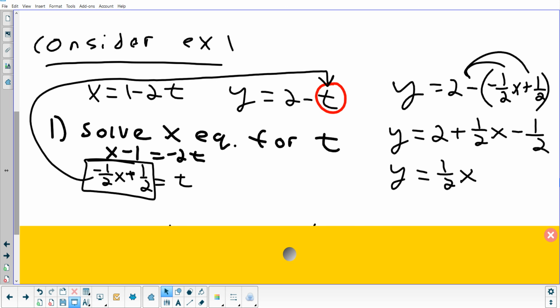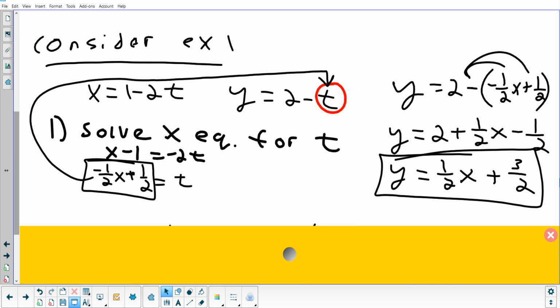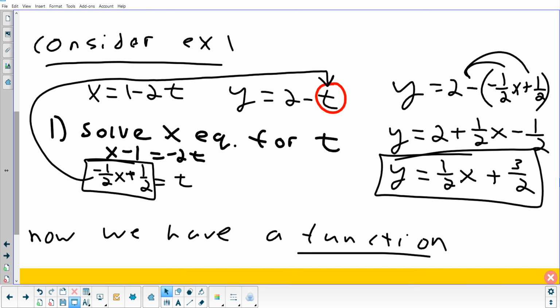What's 2 minus 1/2? Yeah, we could just do 1 1/2. If you wanted a fraction, you could do 3/2. There you go. So now you just created a function.